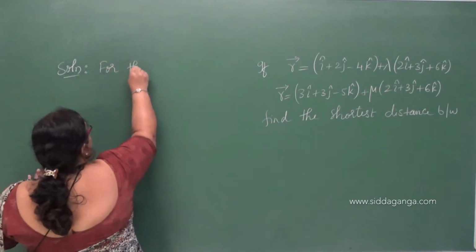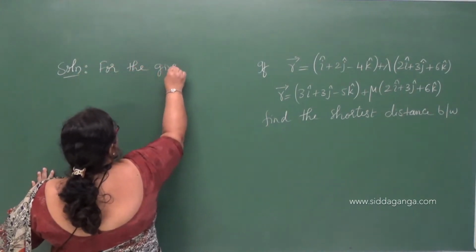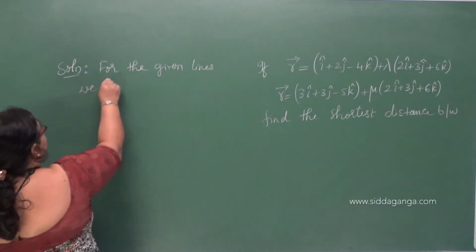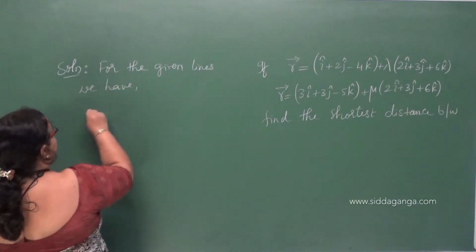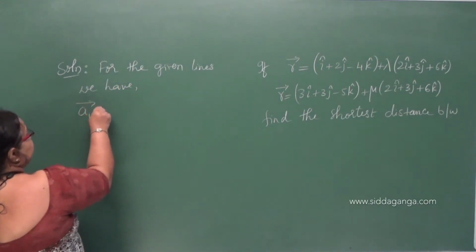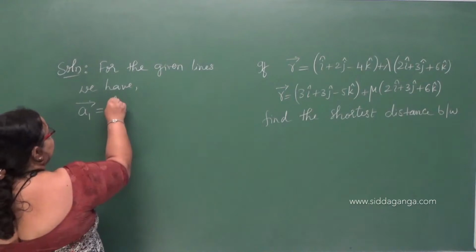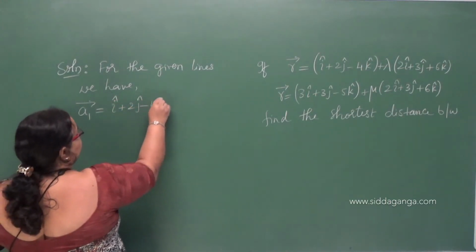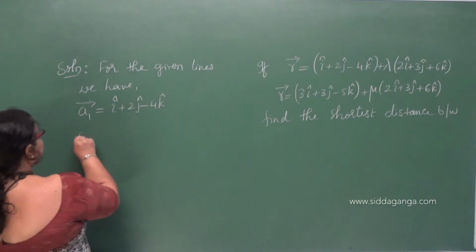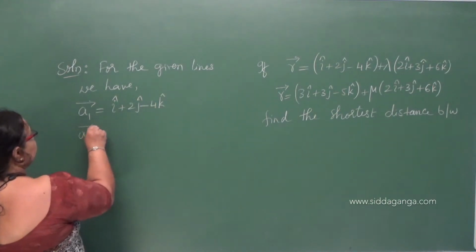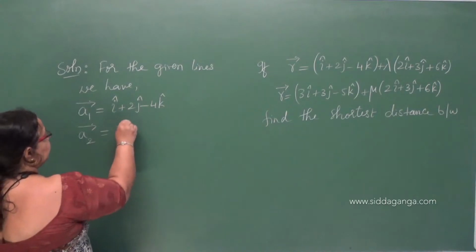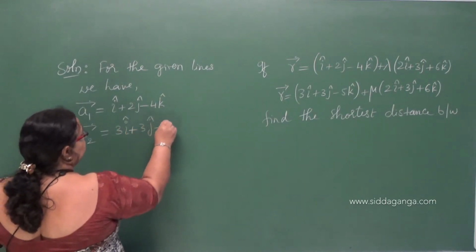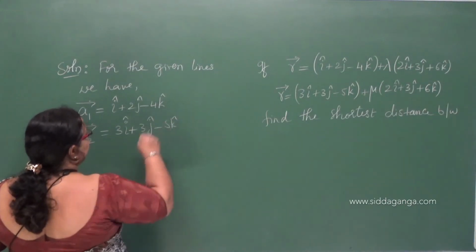For the given lines, we have vector A1 equal to i plus 2j minus 4k. Vector A2, the second line, equal to 3i plus 3j minus 5k cap.